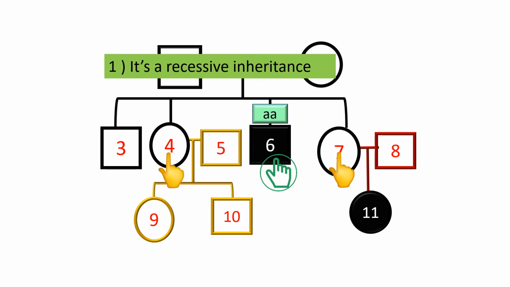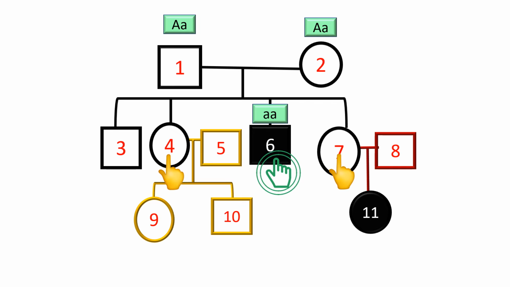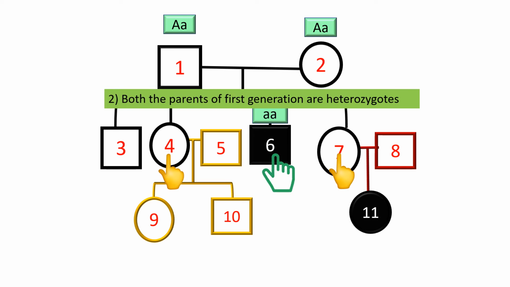The first statement is correct, since albinism is a recessive inheritance. Both the parents should be heterozygotes, since they have an albino child, though both of them are unaffected. The second statement is therefore correct.